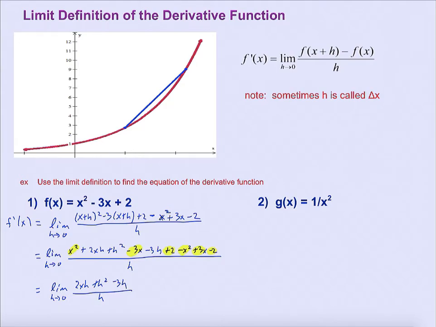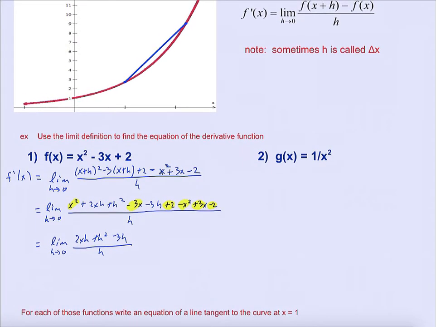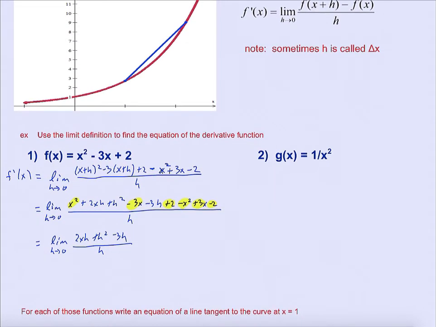And we still have the same problem that we haven't fixed yet, which is if we do direct substitution, we get 0 over 0. But at least now it's set up so that if I factor out the h, it'll cancel.